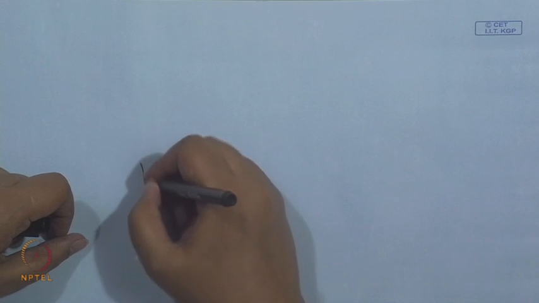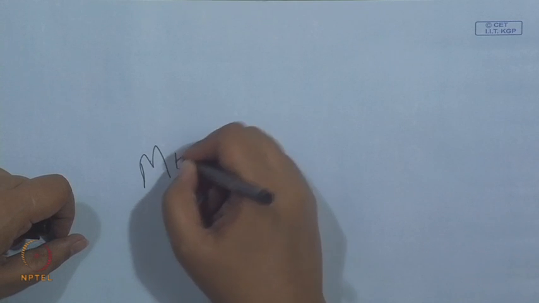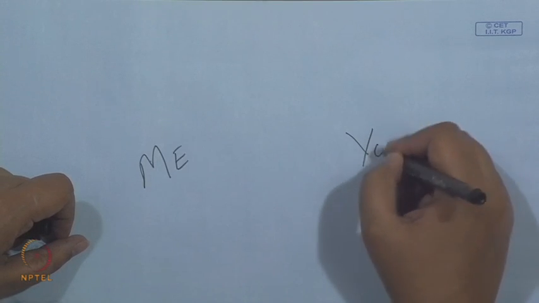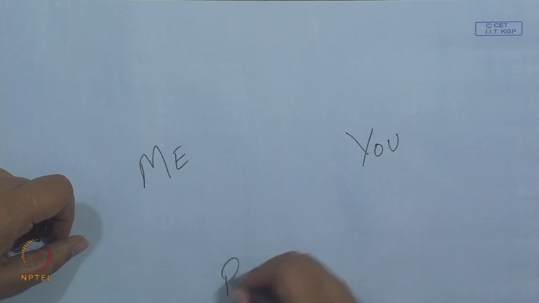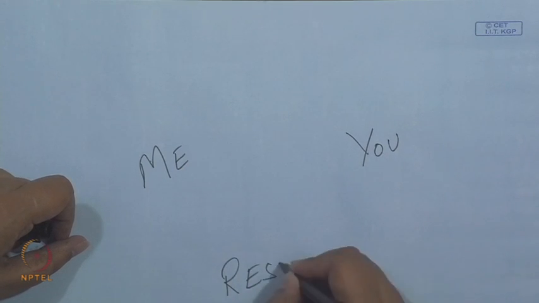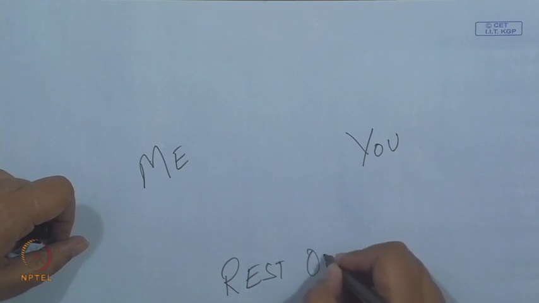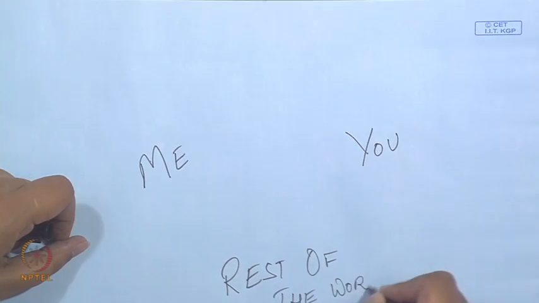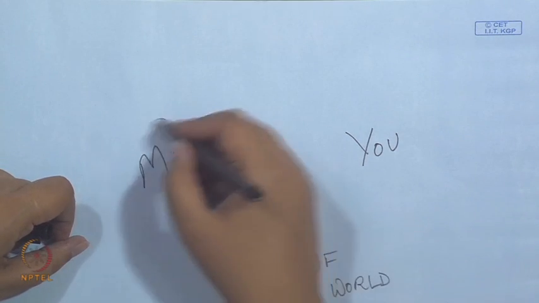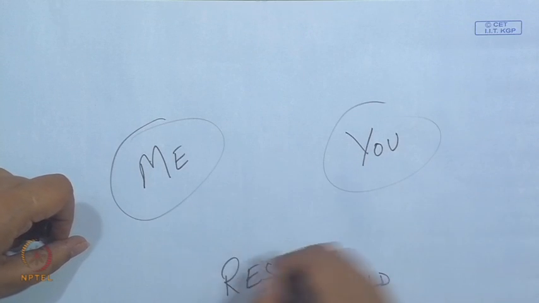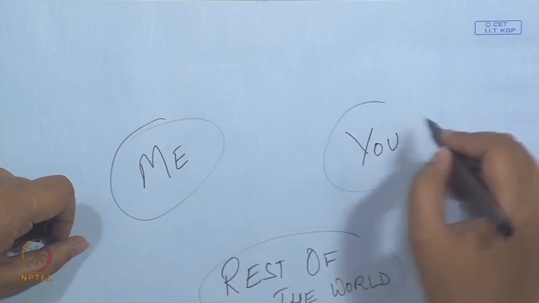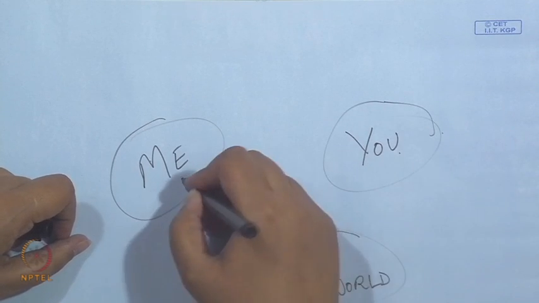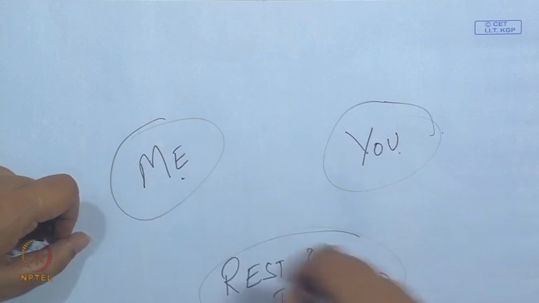So, this is me, this is you, and this is the rest of the world. We interact with each other. Yes, I am independent of you, you are independent of me, and the rest of the world is independent of both of us.